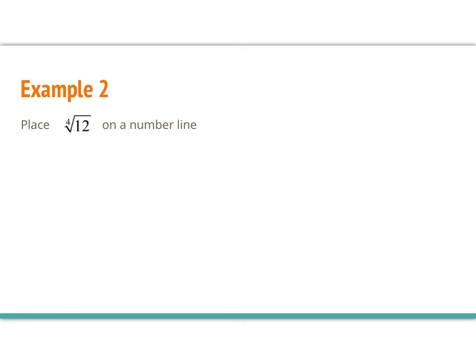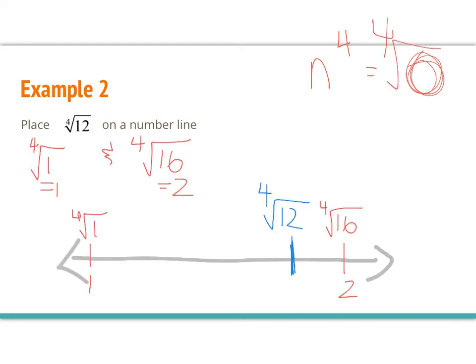Place the fourth root of 12 on a number line. Pause the video and give this one a shot. Remember, the fourth root means any number to the 4th power would equal what's underneath here. I've gone ahead and identified my two closest perfect powers, the fourth root of 1 and the fourth root of 16, because 1 to the power of 4 is 1, and 2 to the power of 4 is 16.